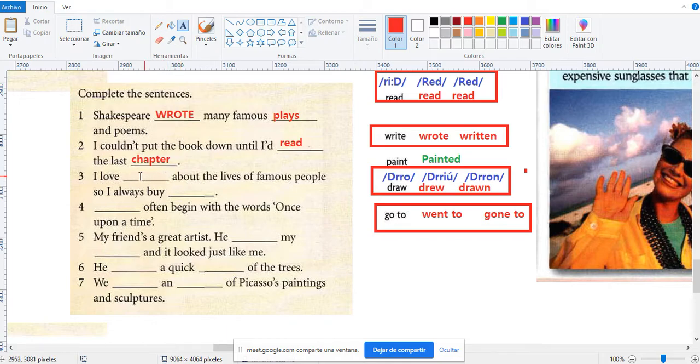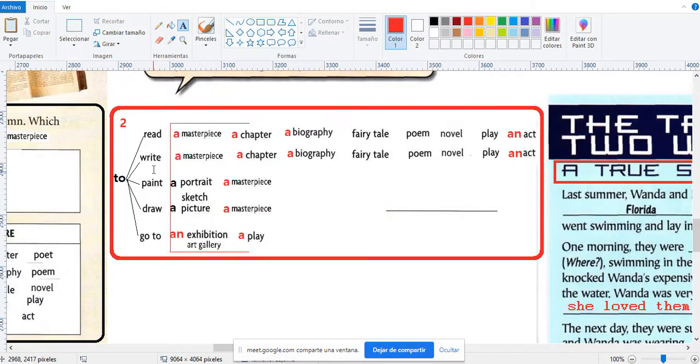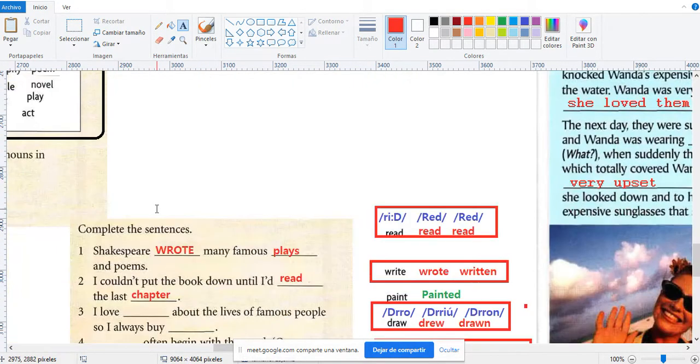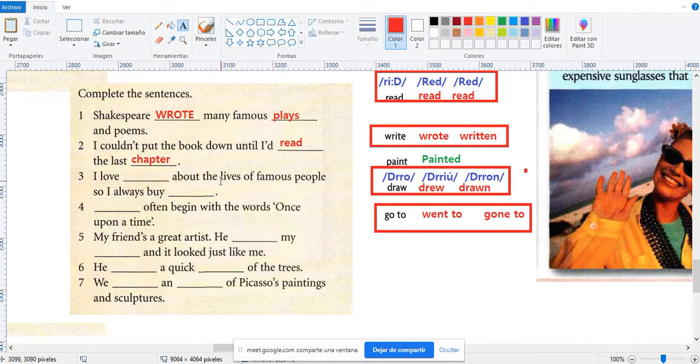Okay, I love... what? I love read. I love write, I love paint, draw, go to. No, I love about the lives of famous people, so I always buy.